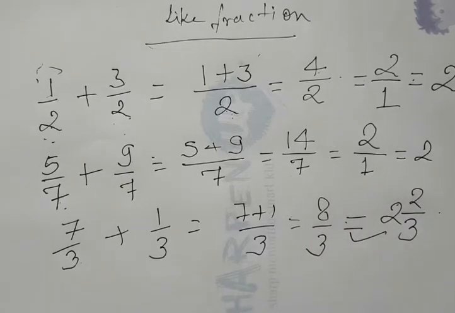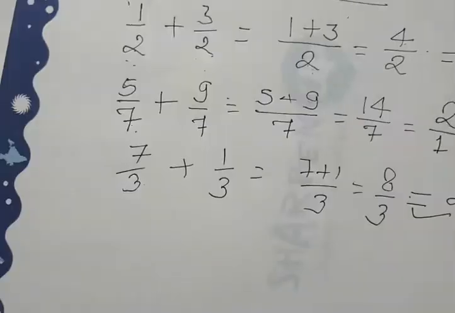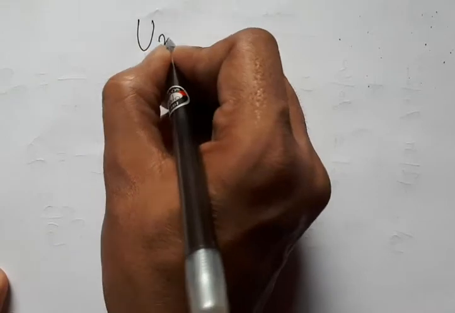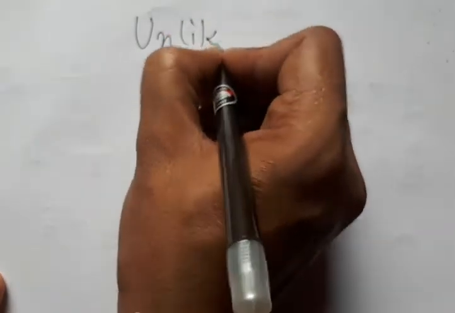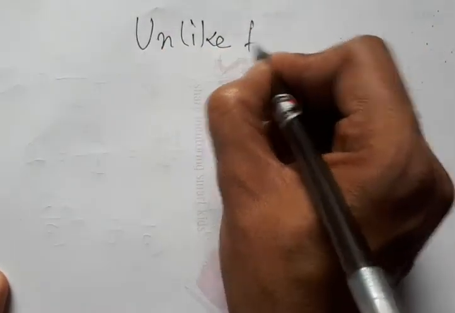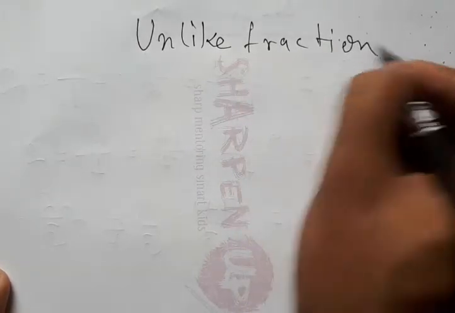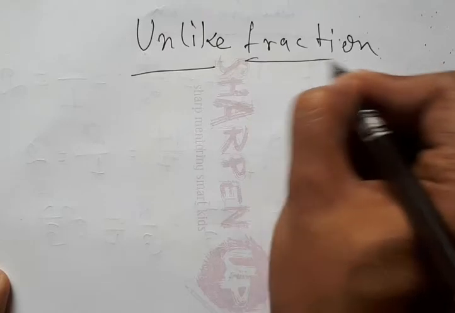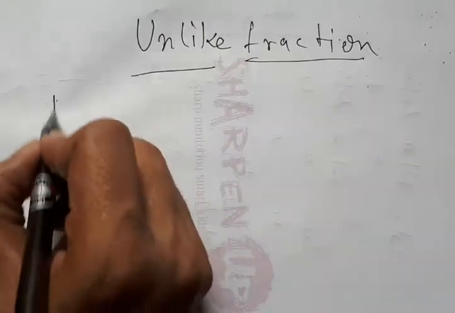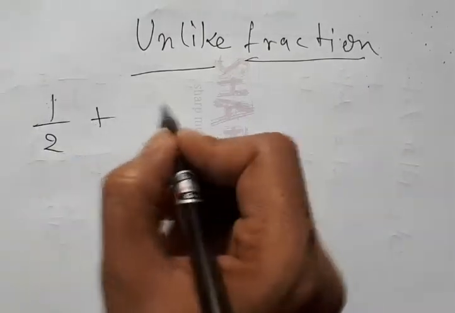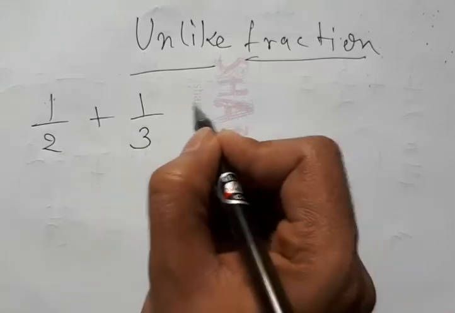Now let's take our second condition. If we are given unlike fractions, what do we have to do? Suppose I have 1 upon 2 and I have to add 1 upon 3.